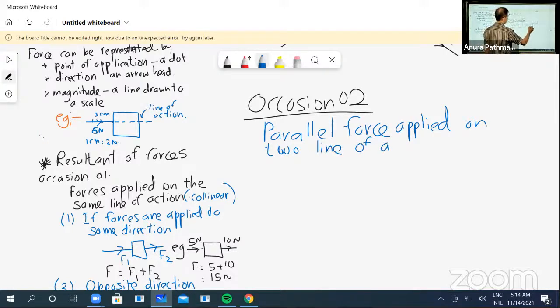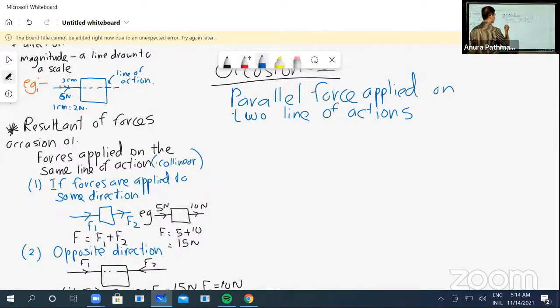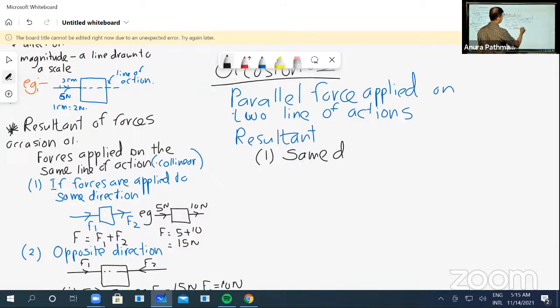Then the resultant force equals F1 plus F2, in the same direction.